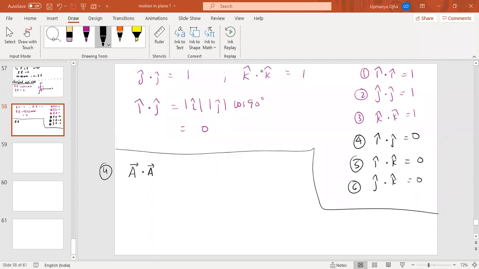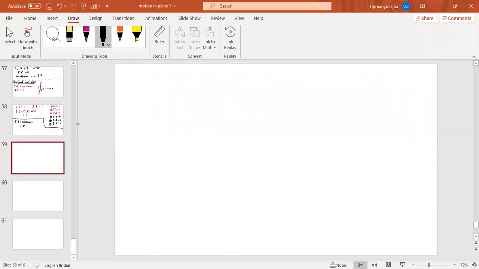A dot A means mod of A into mod of A into cos of the angle of A with A. What is the angle of A with A? 0 degree. So the answer would be A square. So A dot A is equal to A square. I hope you understand all these properties. Now can you do one problem based on this?